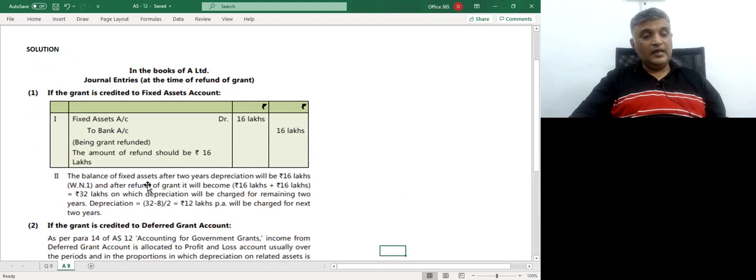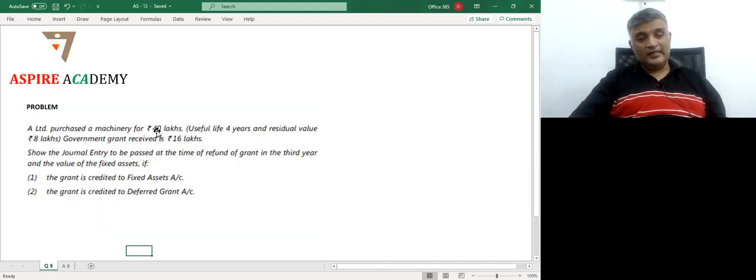Now, here we see that what is the value of the asset? It's 40 lakhs. What is the residual value? It is 8 lakhs. So 40 minus 8 is 32. Grant is 16. So the net value is 16 lakhs. So 40, it's actually 40 minus 16. It's actually 24 lakhs is the value of the asset. But for the purpose of depreciation, 24 minus 8 is what? 16. 16 by 4 is 4 lakhs is the value of the depreciation for year 1.